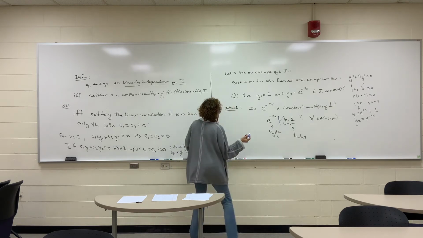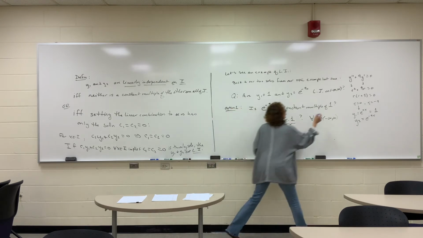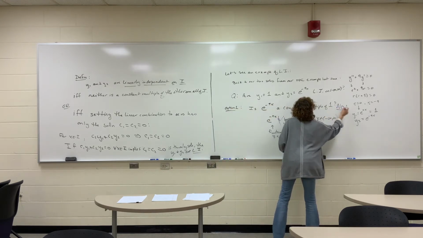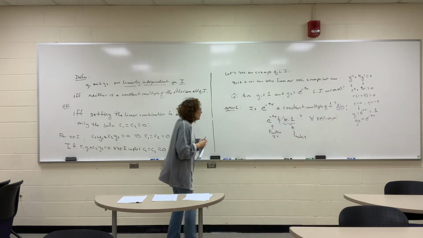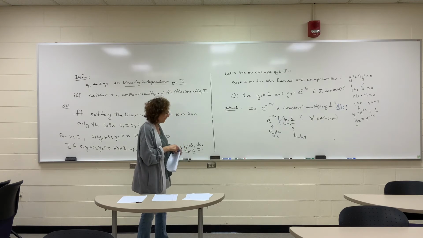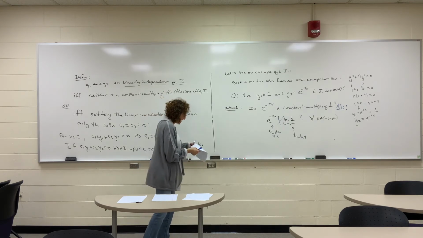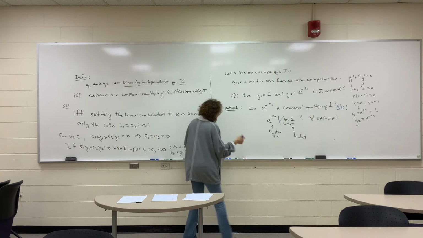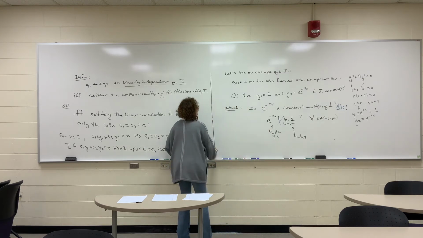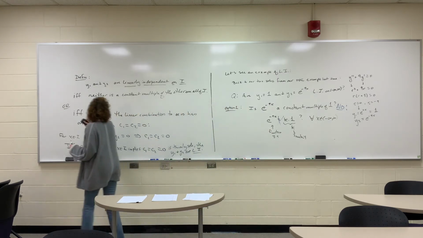So one is not a constant multiple of the other. Therefore we could conclude that those two guys are linearly independent. Let's look at it a slightly different way. This way is the quick, fast, easy way to do it, and that's the way your book does it.